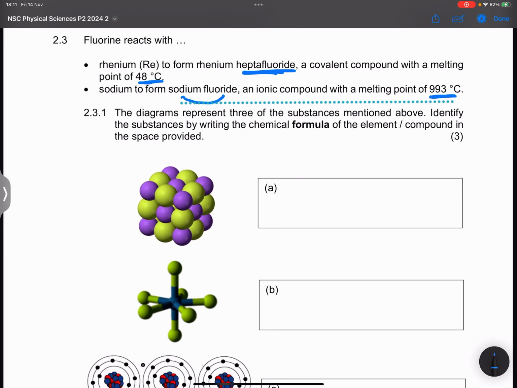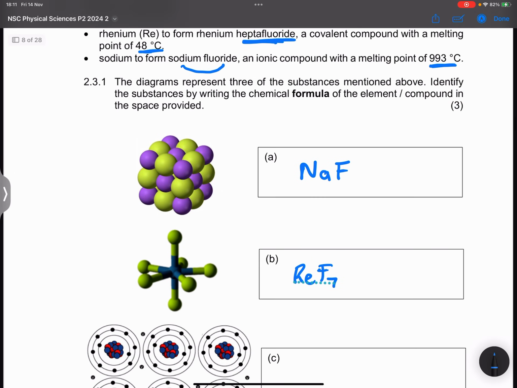Whereas the other one, for rhenium, you've got one rhenium with 7 fluorides around it. So this looks like rhenium hepta, and please note hepta is 7. And then here for every one purple, you've got one green, one purple, one green, and so on. So that tells you this must be sodium fluoride.